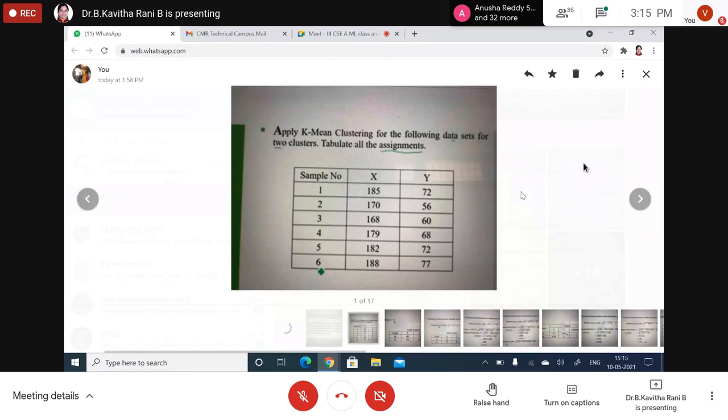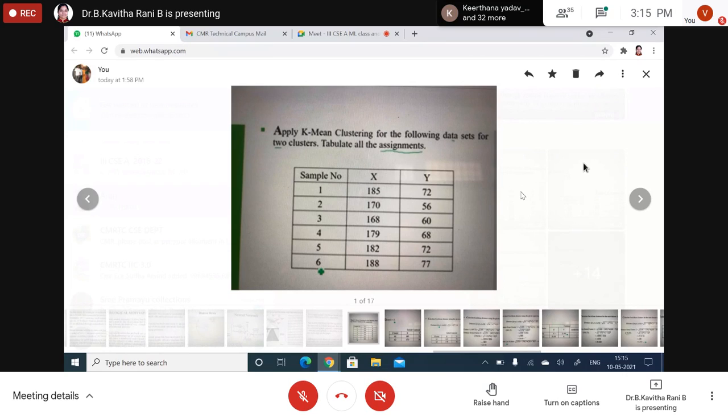So there is one data set. To this data set, you are applying the k-means clustering algorithm. You are having 2 variables, that is x and y. And how many instances are you having? 6 instances. Now what you have to do?